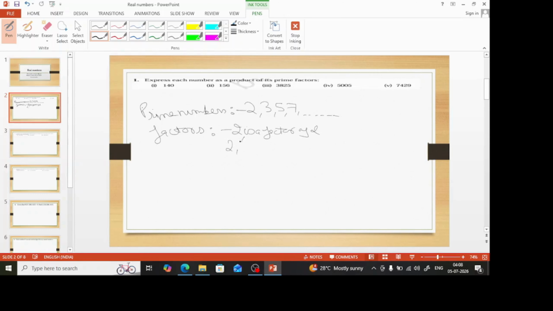Now 2 and 4 are the factors of 4, because 2 is dividing 4 and 4 is also dividing 4. Though 1 is also a factor of 4, so 1, 2 and 4 are the factors of 4. In this case also 1 is a factor of 2, so 1 and 2 are the factors of 2. Okay, so now let us come to the question.